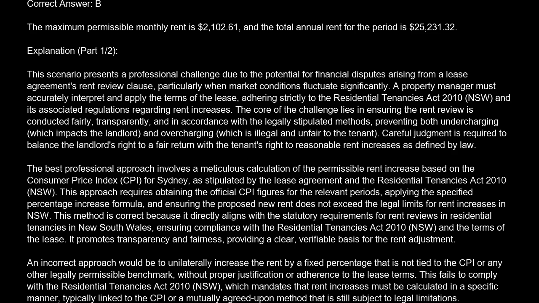This method is correct because it directly aligns with the statutory requirements for rent reviews in residential tenancies in New South Wales, ensuring compliance with the Residential Tenancies Act 2010, NSW, and the terms of the lease. It promotes transparency and fairness, providing a clear, verifiable basis for the rent adjustment.